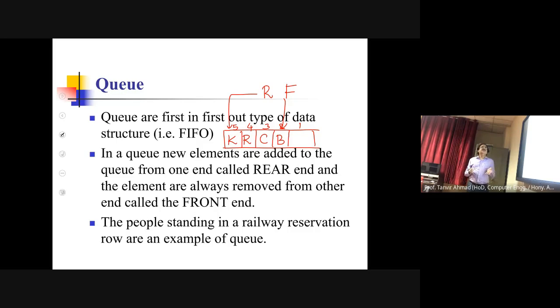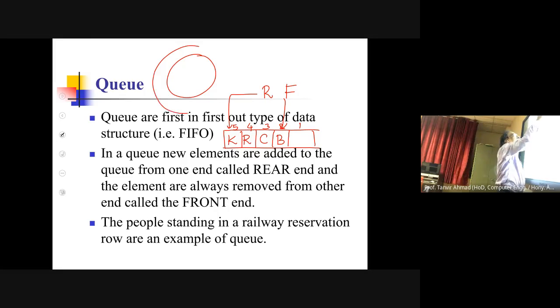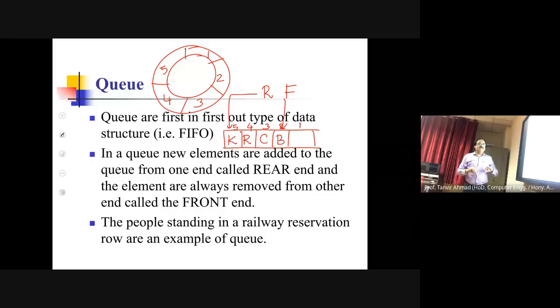But you can visualize a normal queue to be a circular queue also. A circular queue is nothing but where I can put a queue like this, and I can put like this. Let's take 1, 2, 3, 4, and 5. What I did, I just joined both the ends together to make it a circular queue.